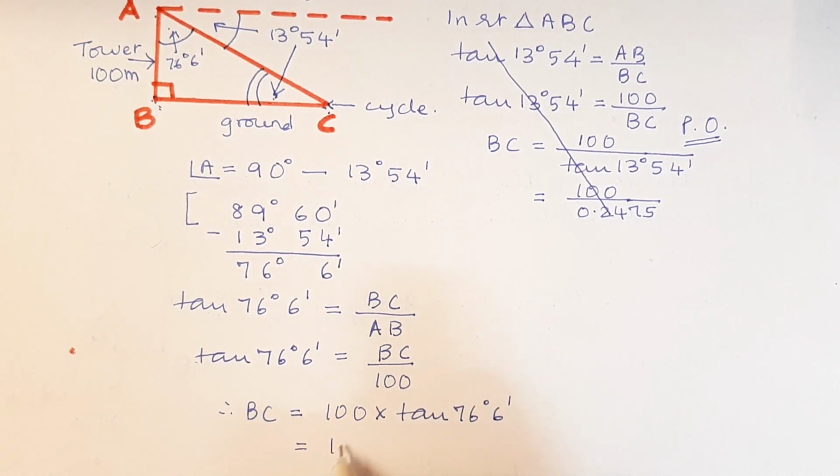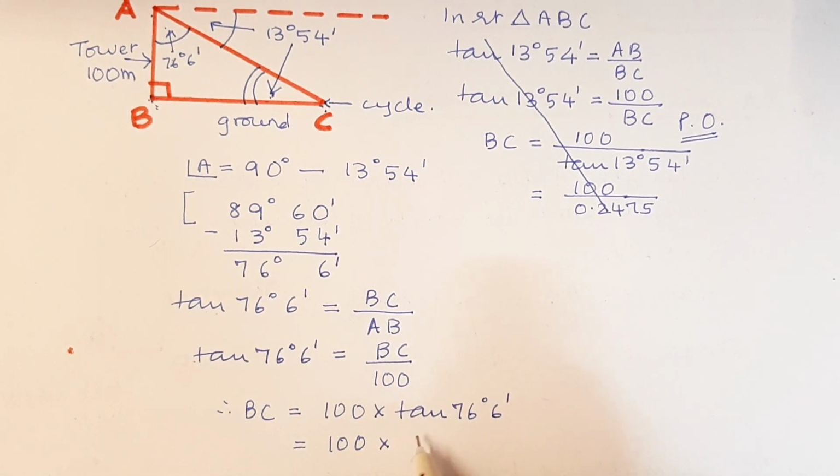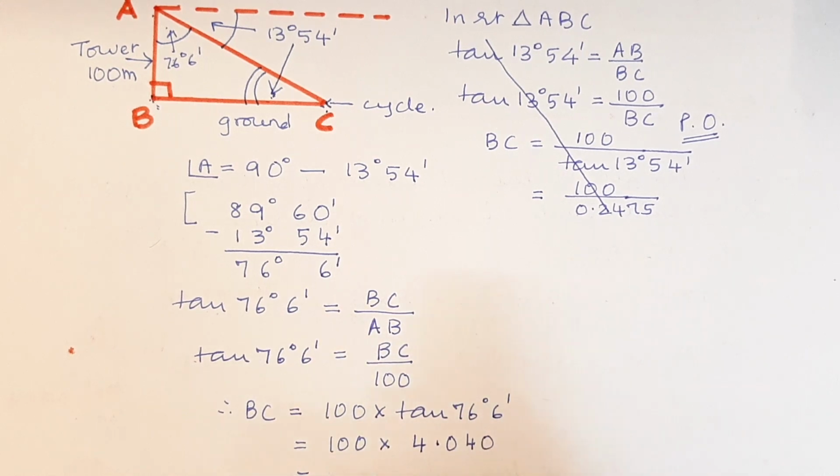Now, whatever is the value of tan of 76 degrees and 6 minutes, we will find it, and it is 4.040 from the tables. I found it.